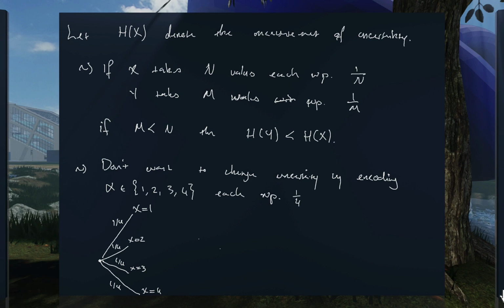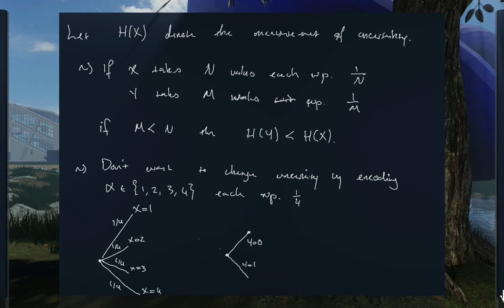Well, another way of encoding this is as two different random variables, right? So we could have, first of all, a random variable y. So y takes value 0 when x takes values 1 and 2, right?